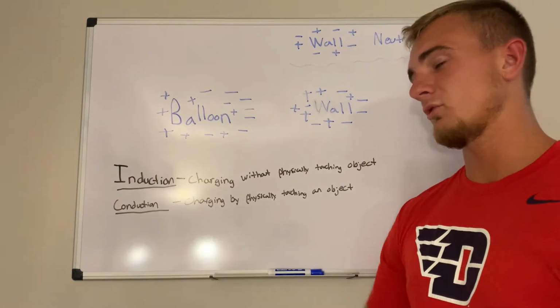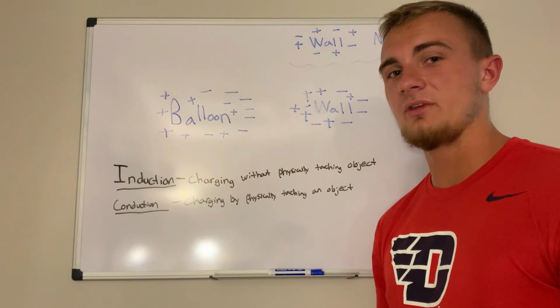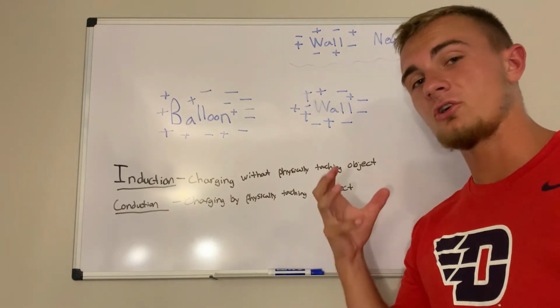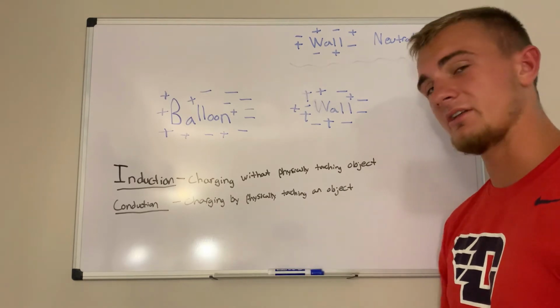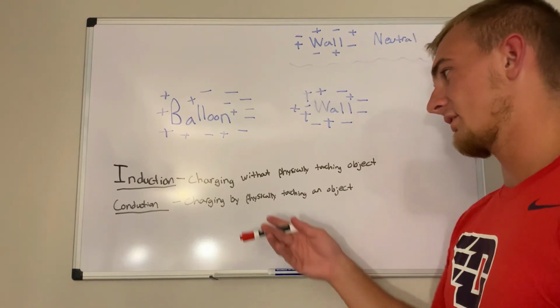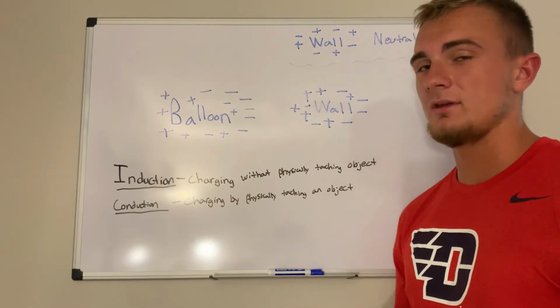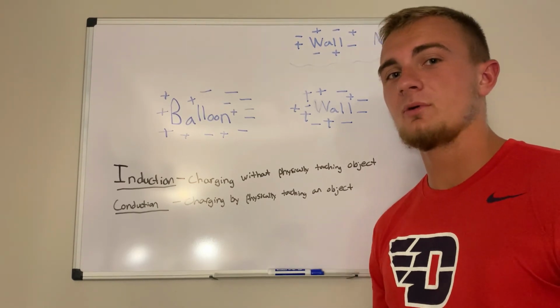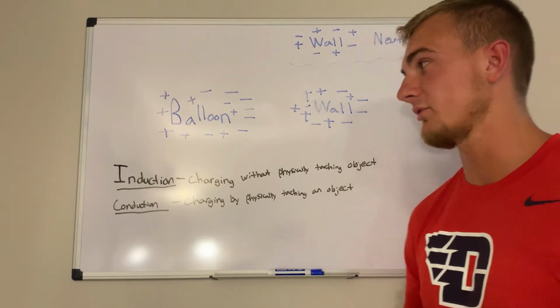Now conduction, which we saw when I rubbed the balloon physically on my hair, was a physical charge of the balloon. So that's charging by physically touching an object. These aren't exactly scientifically worded definitions, but it's the best way to think about them, and it's how I have learned this concept personally.